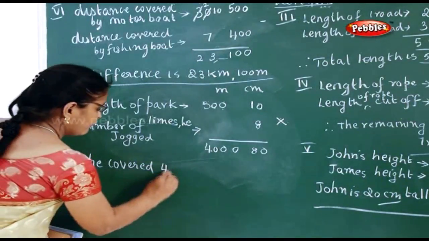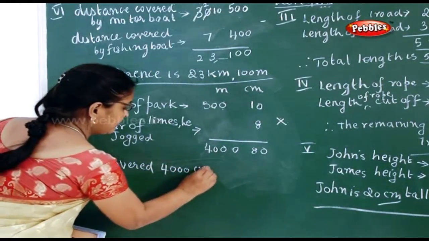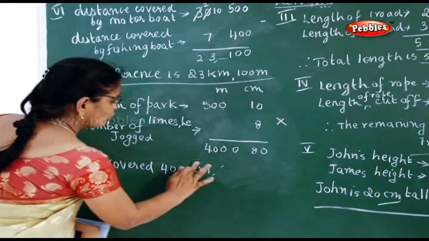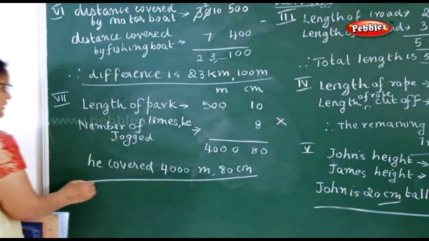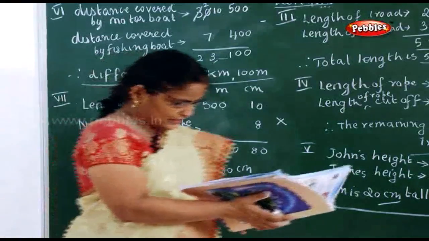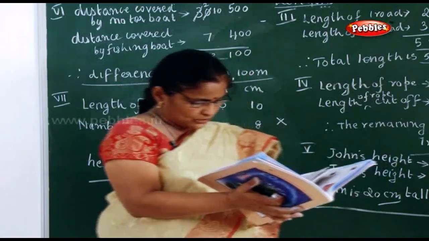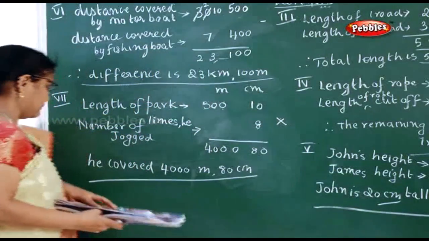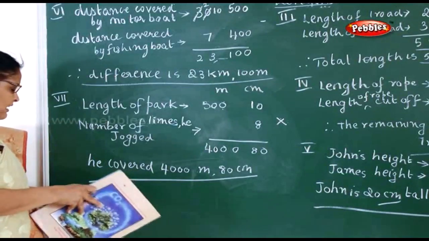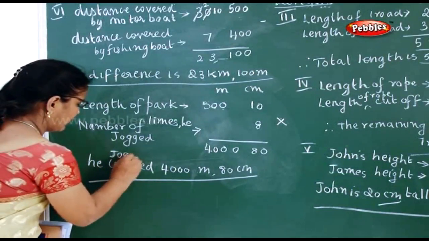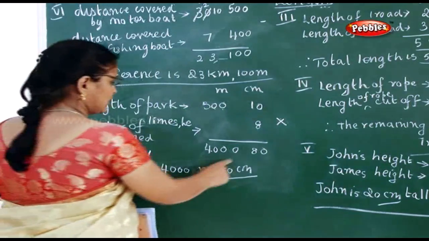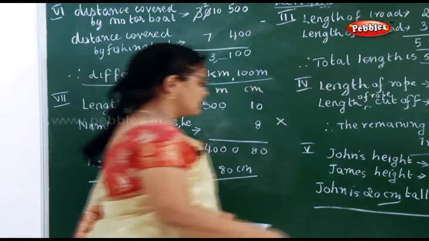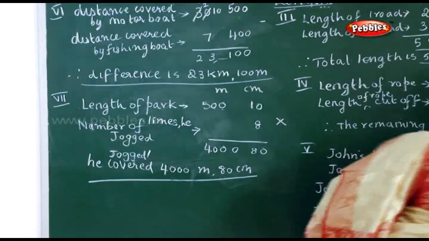Lastly, they have asked, what was the total distance jogged by him? So, you can write covered or you can write jogged, anything. So, he jogged or covered 4,000 meter and 80 centimeter. Is it clear now? Seventh sum.